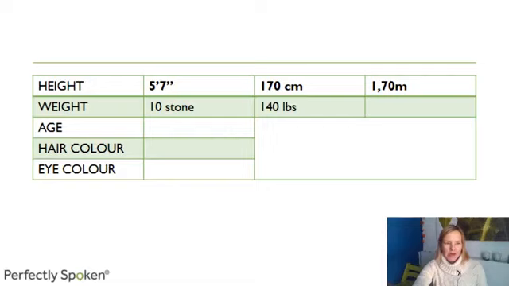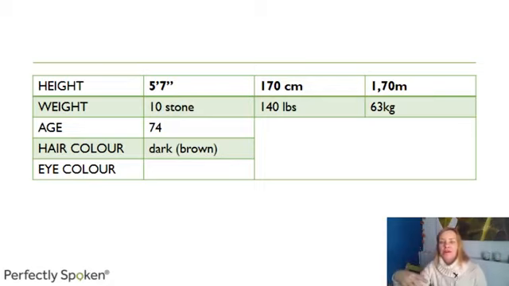Right, so 10 stone and 140 pounds. And let's go back. So it's approximately 63 kilos. And her age, 74. A very young 74. And hair colour, her hair is dark. In fact, it's brown.